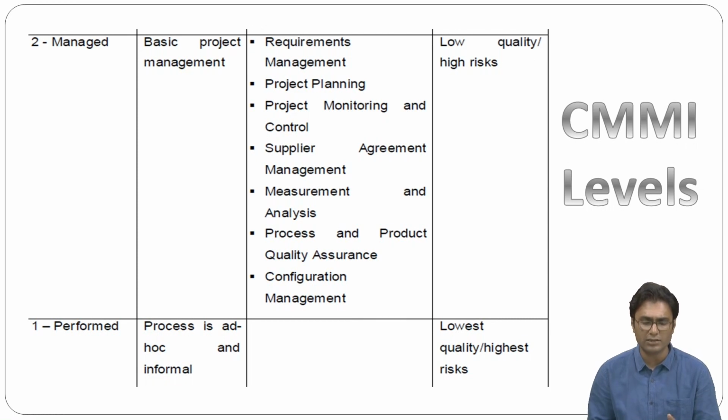Then at last we have configuration management, and in the result column you can see low quality or high risk. Then for level 1, which is performed, in the focus column we can see process is ad hoc and informal. Then in the result column we can see lowest quality or highest risk.